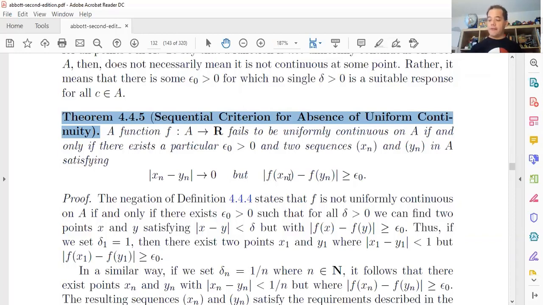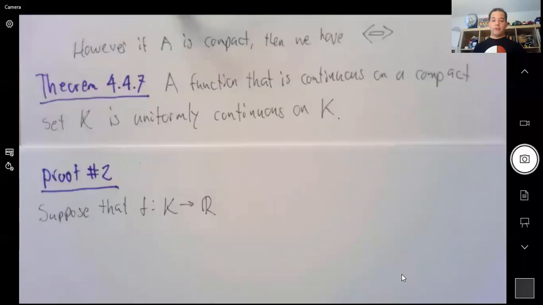So we're going to assume f is not uniformly continuous. So we start the proof the same way. We suppose that f is a function from K to the real numbers, such that f is continuous, but we assume it's not uniformly continuous. So let me go back to the page.